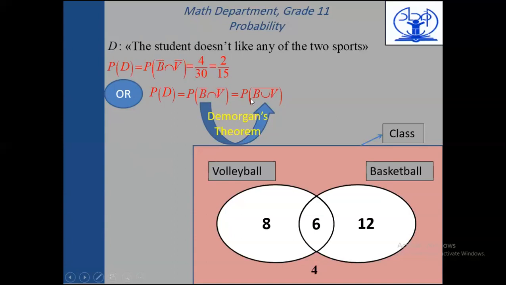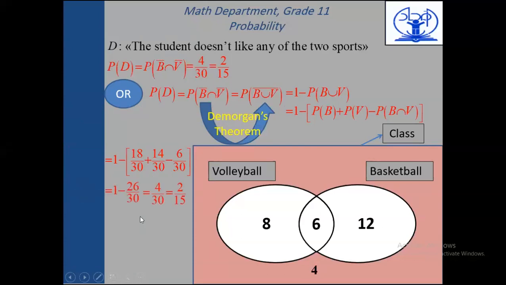And the probability of whatever bar, which means the complement, is 1 minus that. And the union is nothing but this white region here that represents the union. And the union can be seen as another formula, like probability of B plus probability of V minus probability of B intersection V, which is the same answer, 2 over 15.